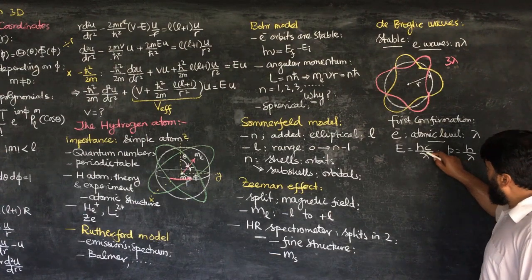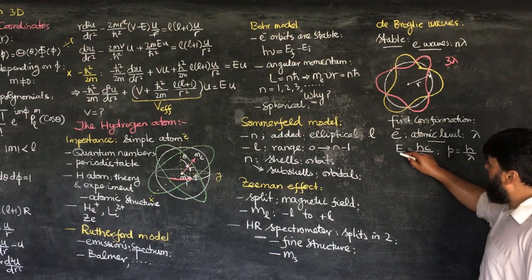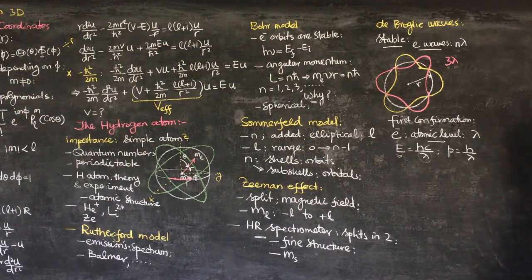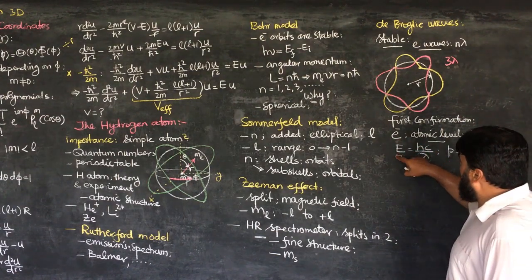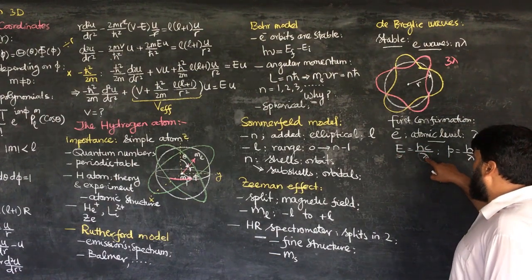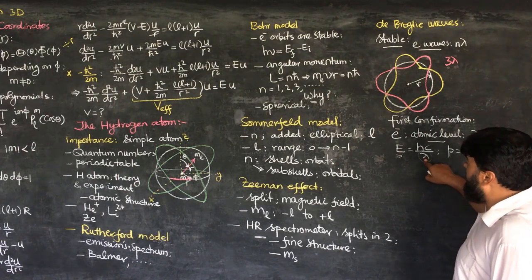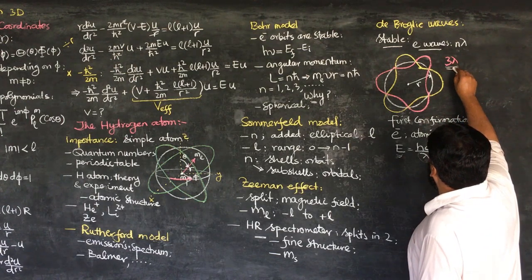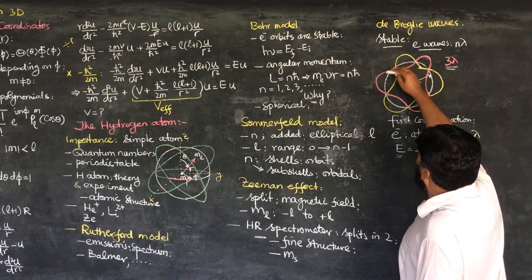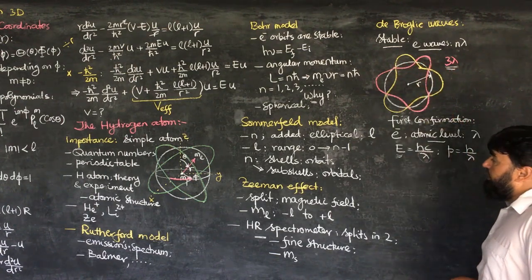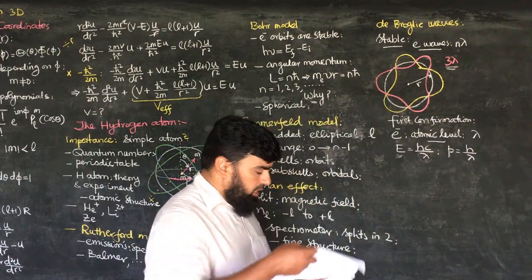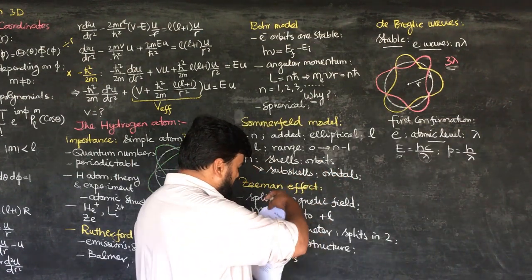Depending on the wavelength, it gives us the energy of the electron. So a given energy electron will have a specific wavelength associated with it, and when an integral multiple of those wavelengths fits a given orbit, that orbit will be a specific orbit.